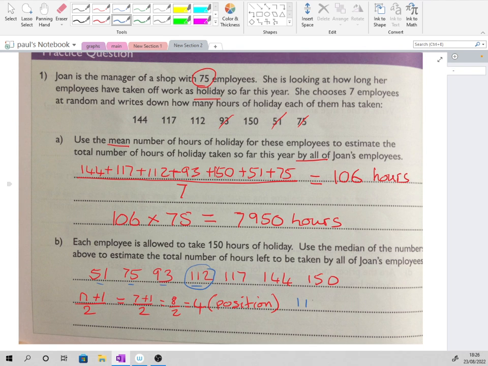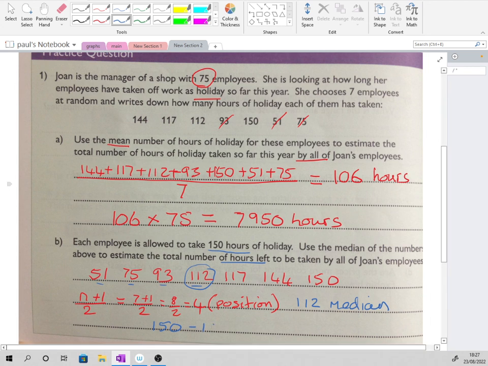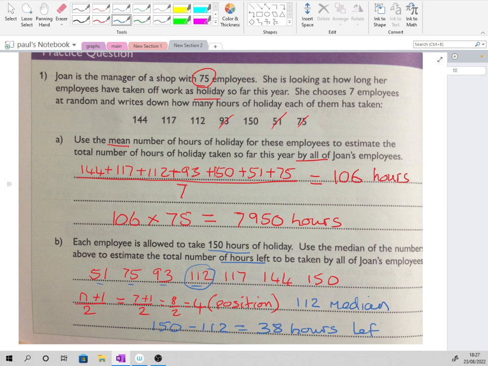So 112 is the median, the middle value. Now you're allowed to take 150 hours of holiday, and we've got to work out how many are left. So we simply do 150 minus 112 is 38 hours left.